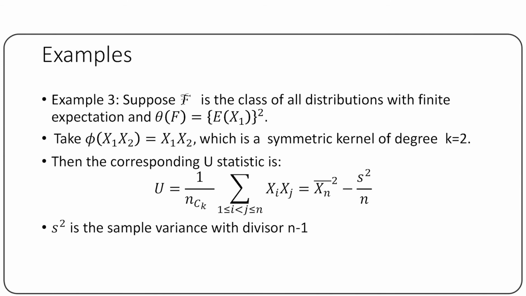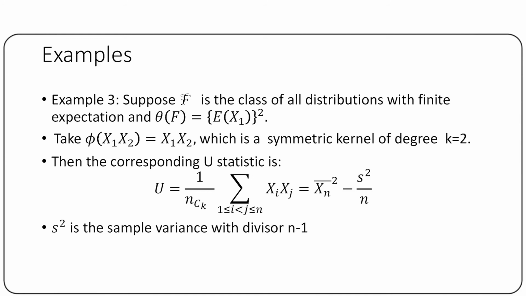Naturally, phi x1 x2 is symmetric but of degree 2. Now, the corresponding U statistic takes the form x bar square minus s square by n. This actually can be found after a little bit of computation, where s square is the usual sample variance with divisor n-1.